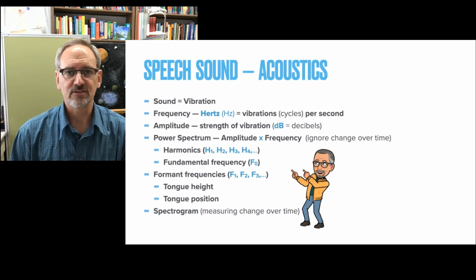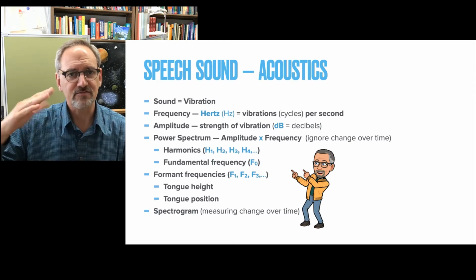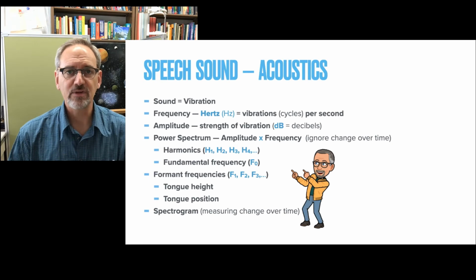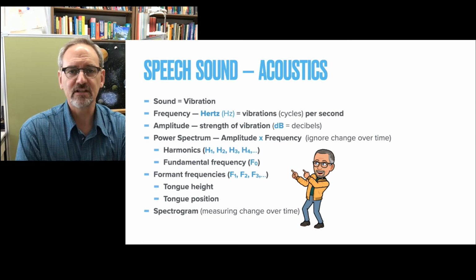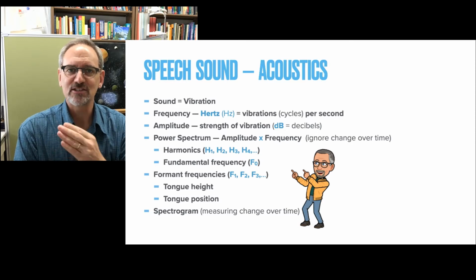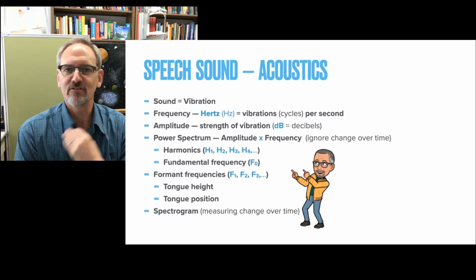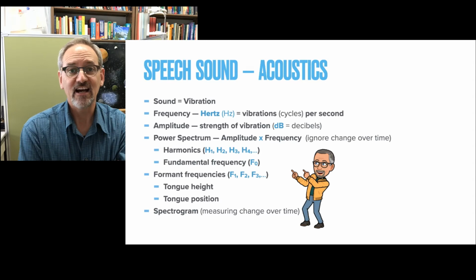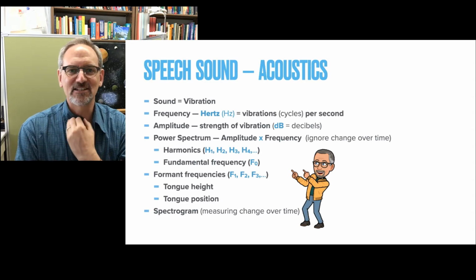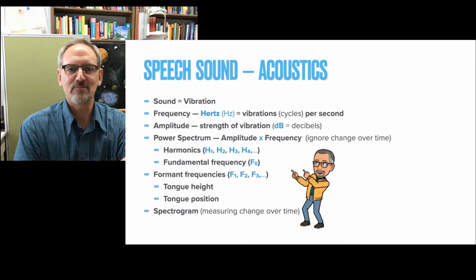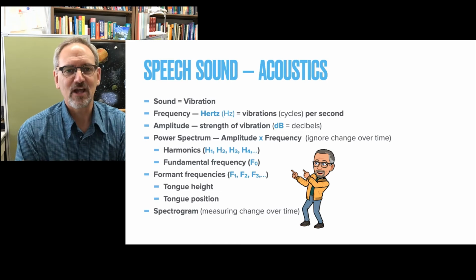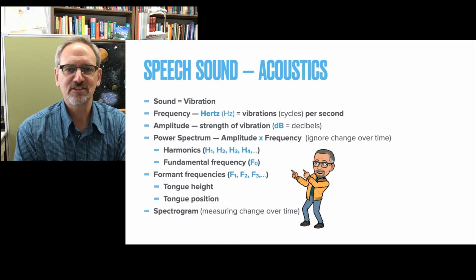High frequency sounds are produced with faster vibrations. And we hear that in the human voice, right? A low voice is produced by slower vibration of the vocal folds than a high voice is produced with faster vibration.